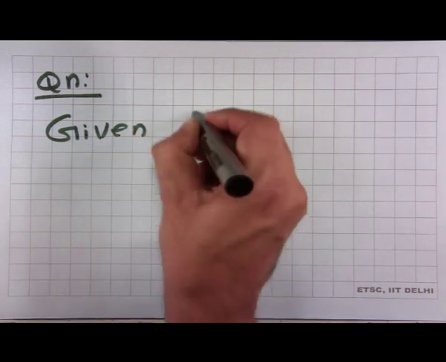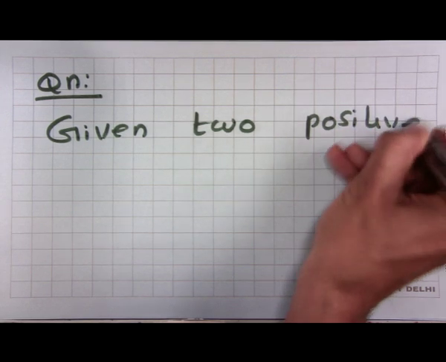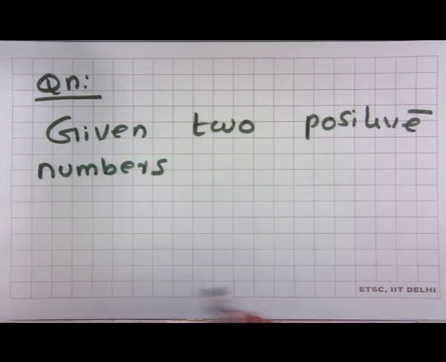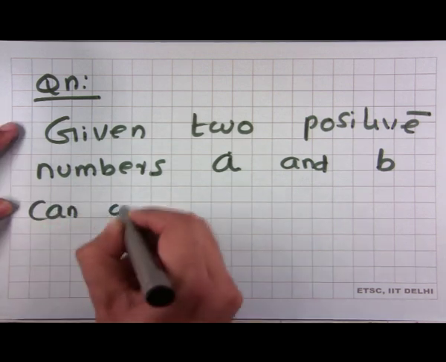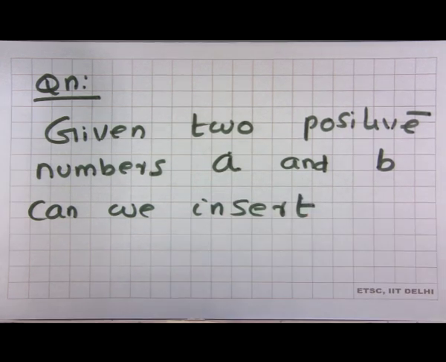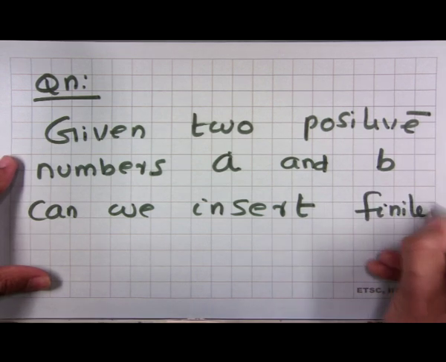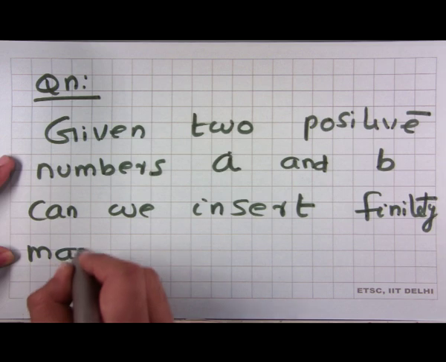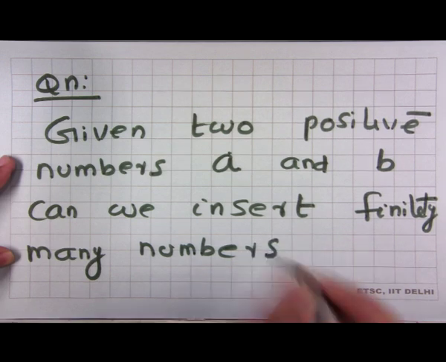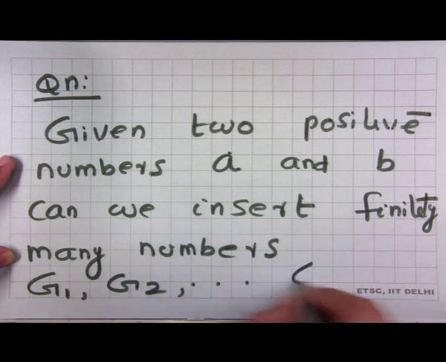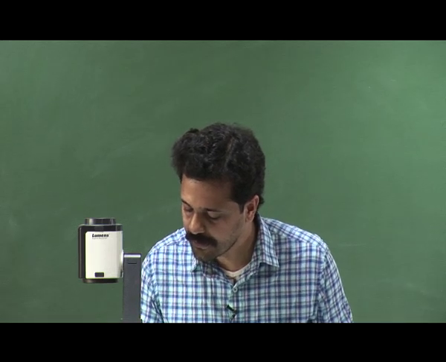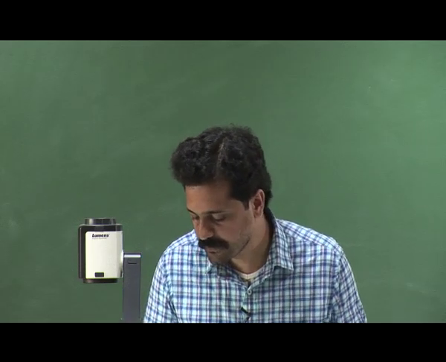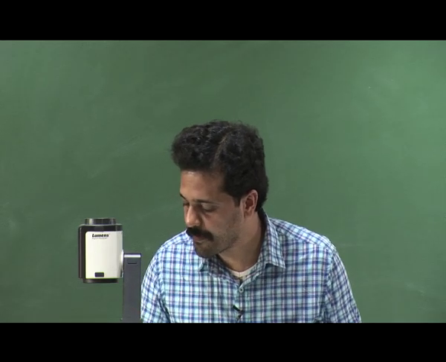Given two positive numbers A and B, can we insert as many numbers as we need but finite, such that A, G1, G2, etc., Gn, B form a geometric progression?